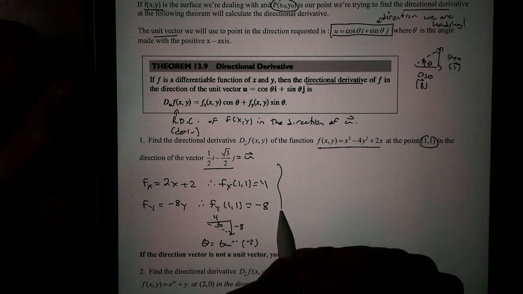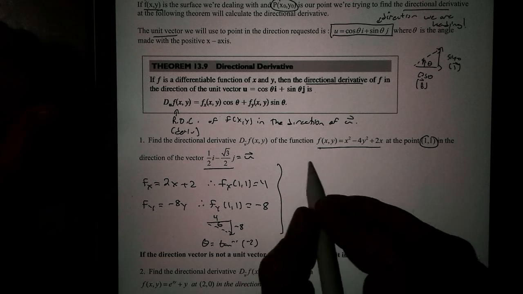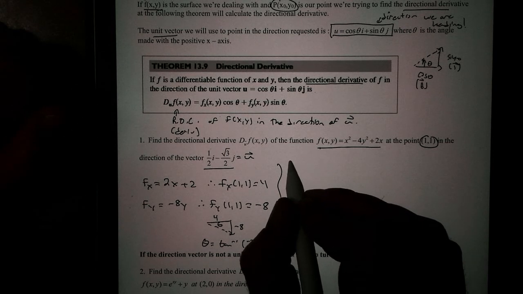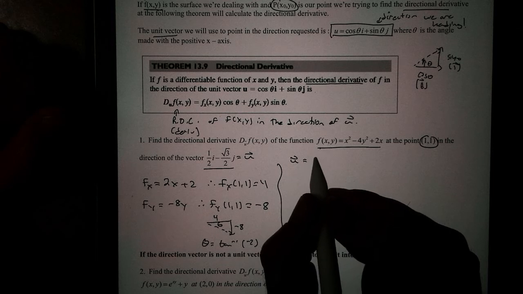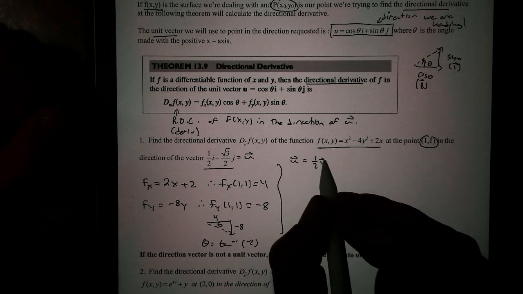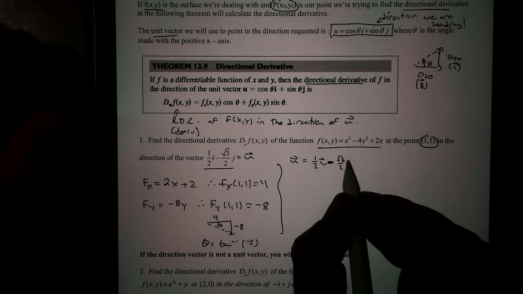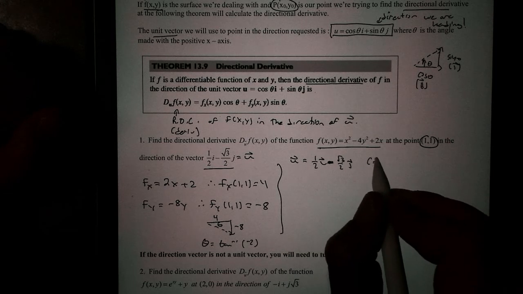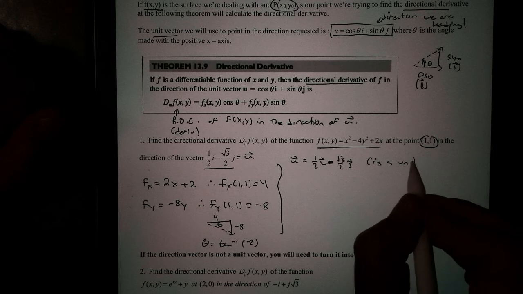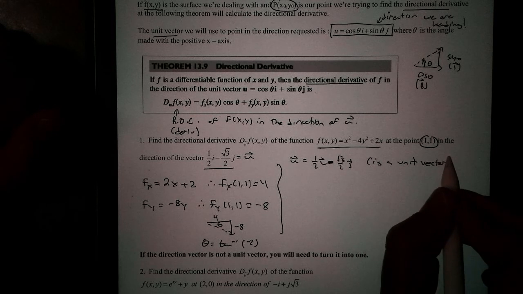So applying our rule now, we're looking at u, our direction vector, which is 1/2 i minus root 3 over 2 j. Now, this is a unit vector. Very important. You have to make sure they are unit vectors.